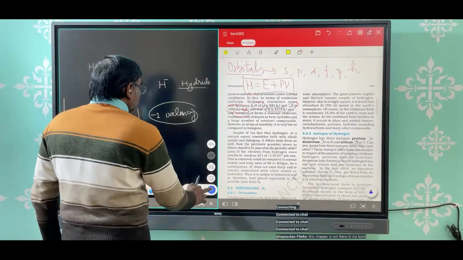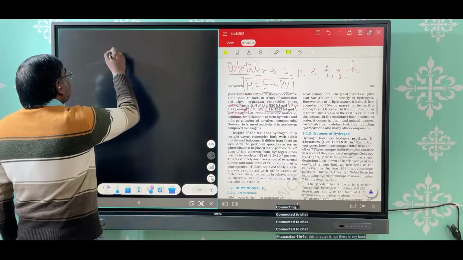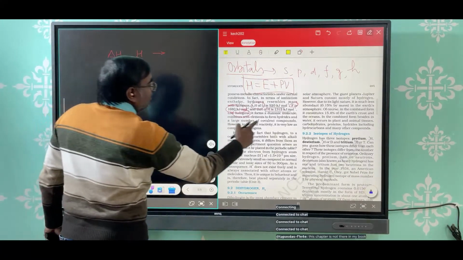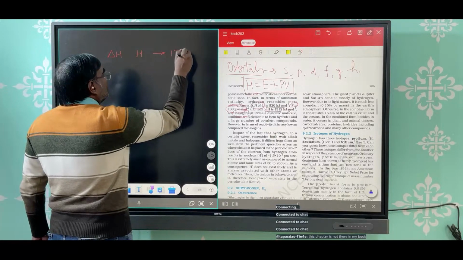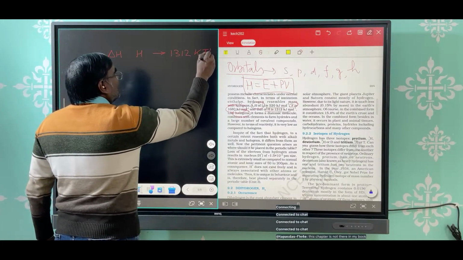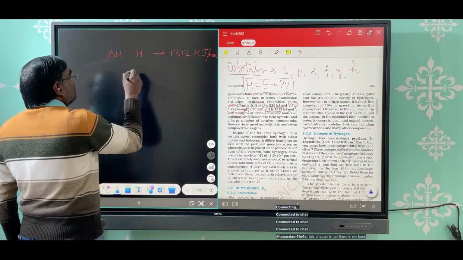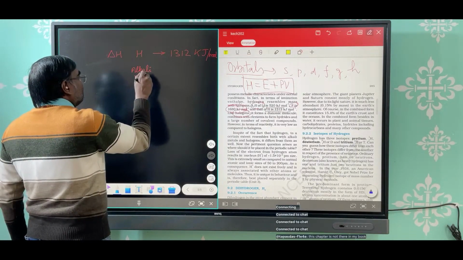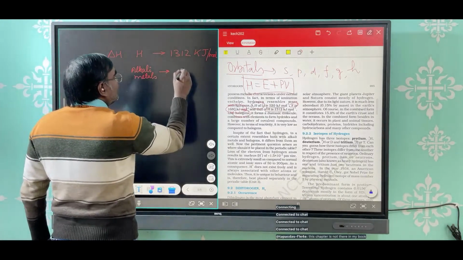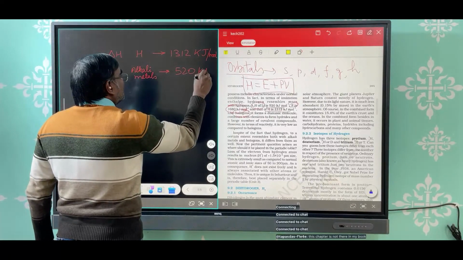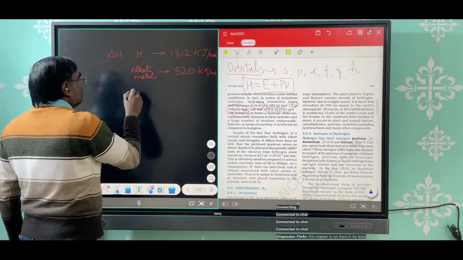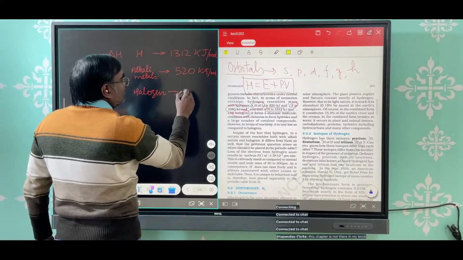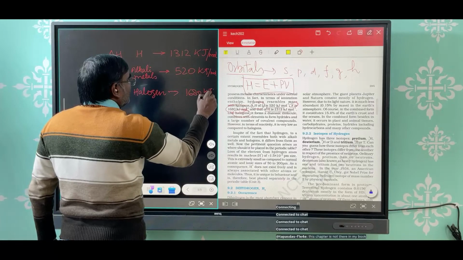So if we write all these values in one place, the enthalpy for hydrogen is 1312 kilojoule per mole, for alkali metals it is 520 kilojoule per mole, and for the halogens it is 1680 kilojoule per mole.